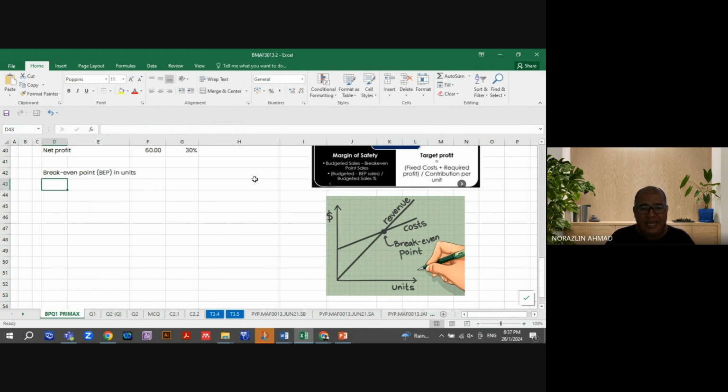How many units do you need to produce in order to get zero profit? Revenue or sales equal to cost or expenses.